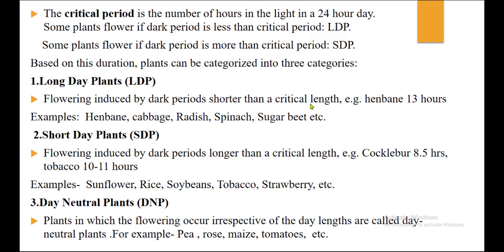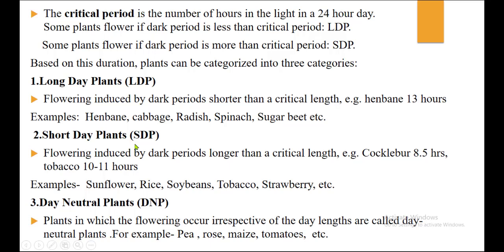They were named because when they were first studied, it was observed that the duration of day is what matters, but later studies showed that it is not the period of light or the duration of day, but it is the duration of night which is responsible to stimulate the flowering. So long day plants are actually short night plants. We will discuss in the next slide.